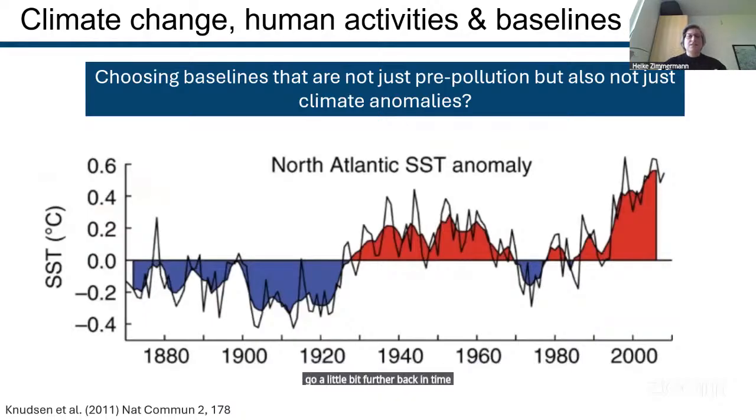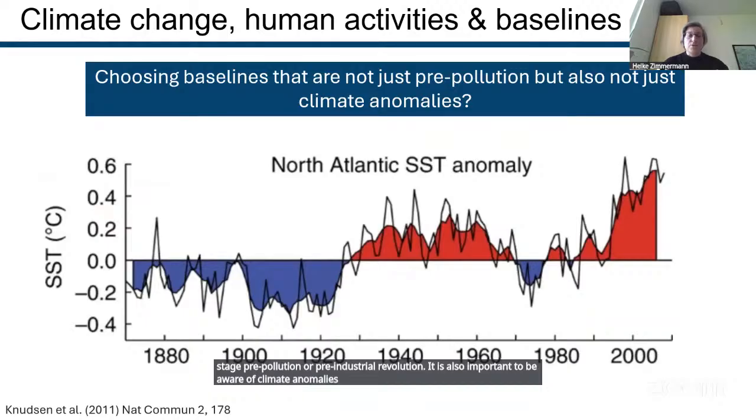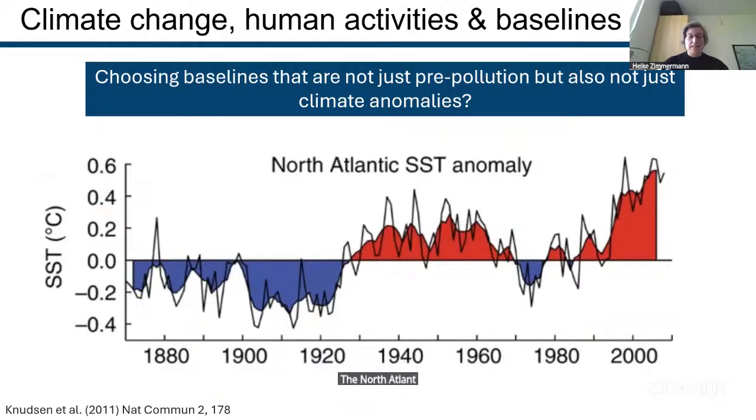But it is not just enough to go to a stage pre-pollution or pre-industrial revolution. It is also important to be aware of climate anomalies. So, for example, the North Atlantic multi-decadal oscillation can have very strong impacts on the species diversity in aquatic ecosystems.